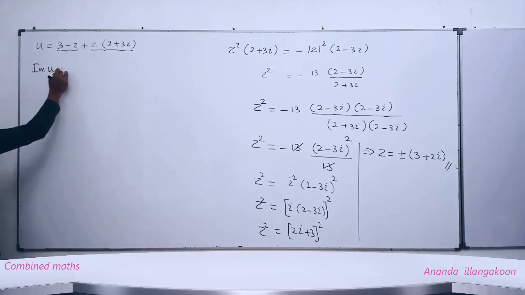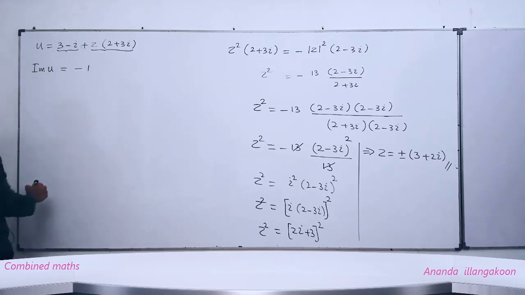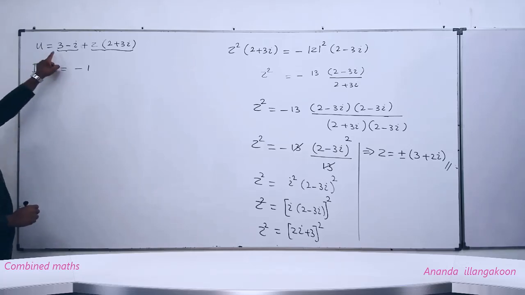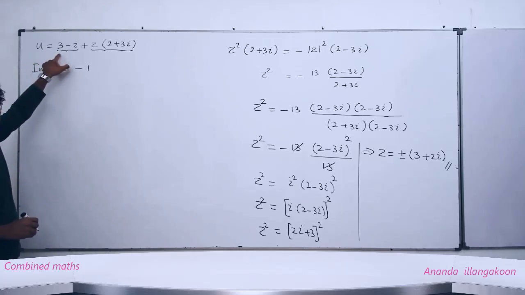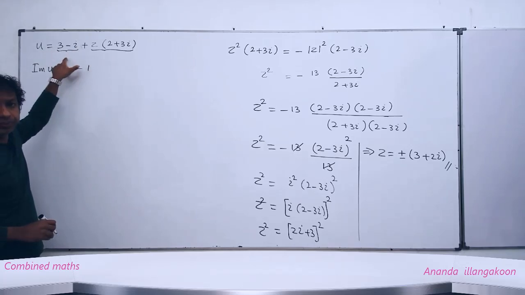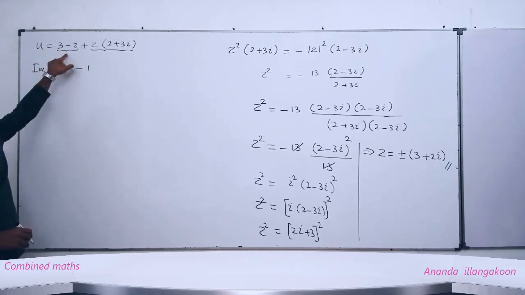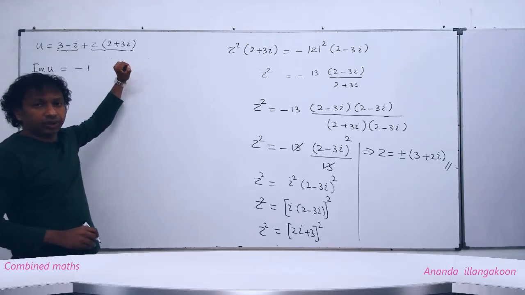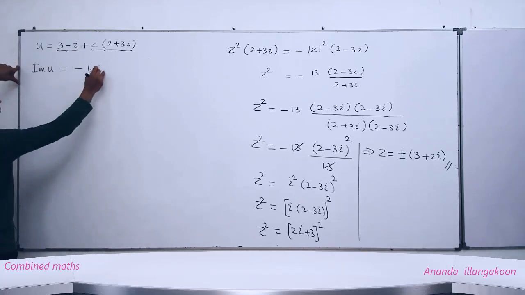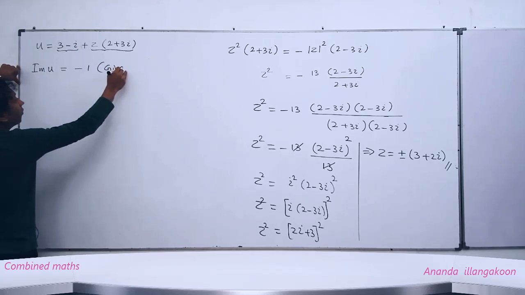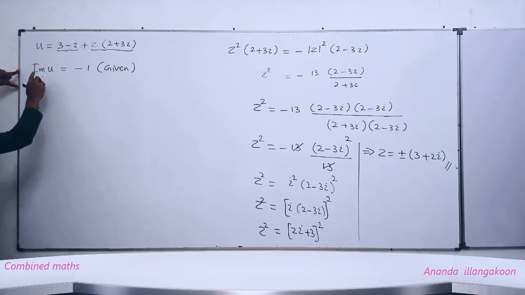Right, so u is the sum of two complex numbers. Then of that sum, the imaginary part means what, people? The sum of the imaginary parts of the complex numbers. So therefore, this is given.